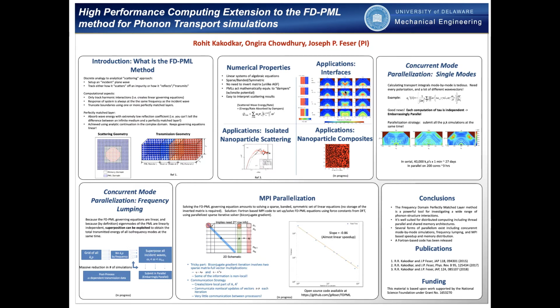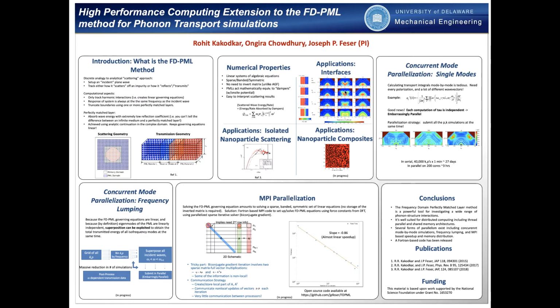So basically what it is, is a numerical analogy to how you would approach scattering problems analytically. What we do is we pretend like we have an incident plane wave that's going to impinge on some sort of impurity. It could be an embedded nanoparticle, could be an interface, and you want to see how the phonon reflects off the interface, whatever it is.